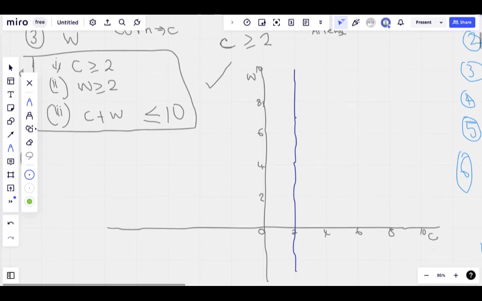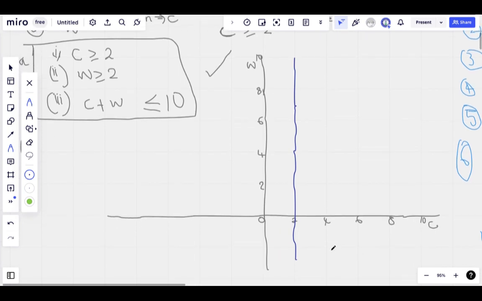Is that okay? Do you get that? Yeah. Okay. Then let's shade. It says C is greater than or equal to 2. Greater than or equal to 2 is this side. But the question says we should leave unshaded the region which satisfies the 3 inequalities.